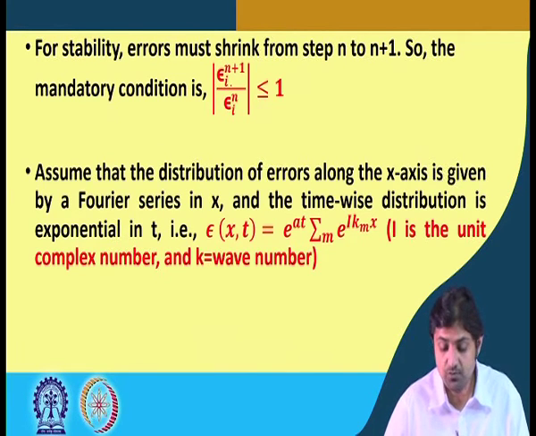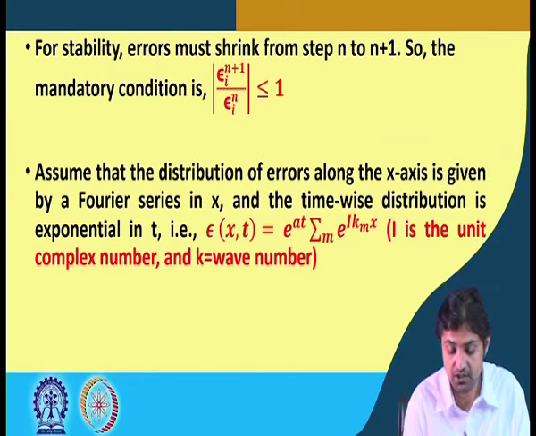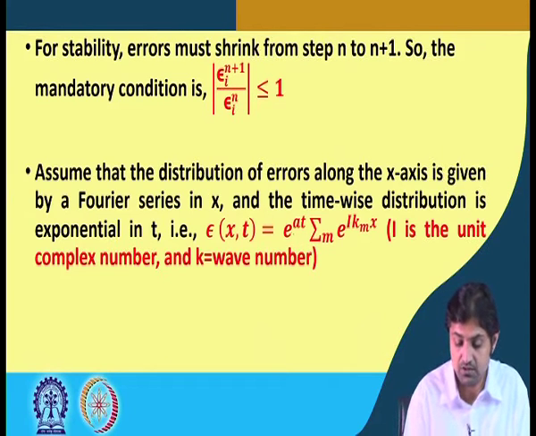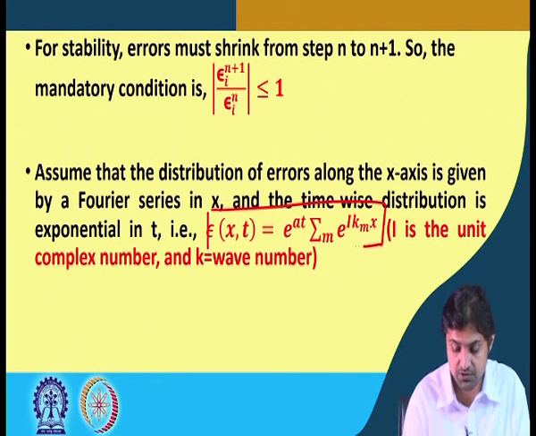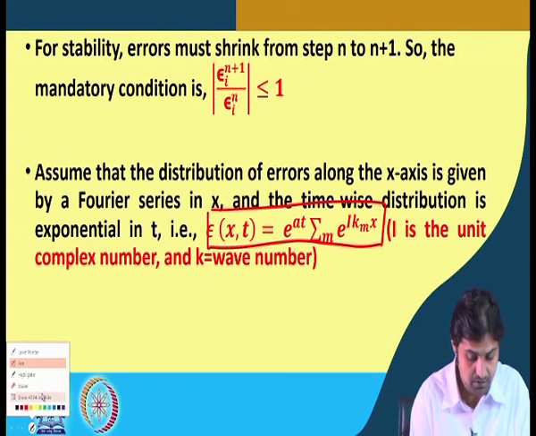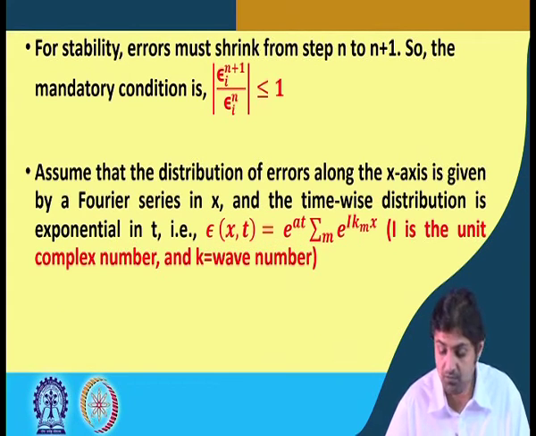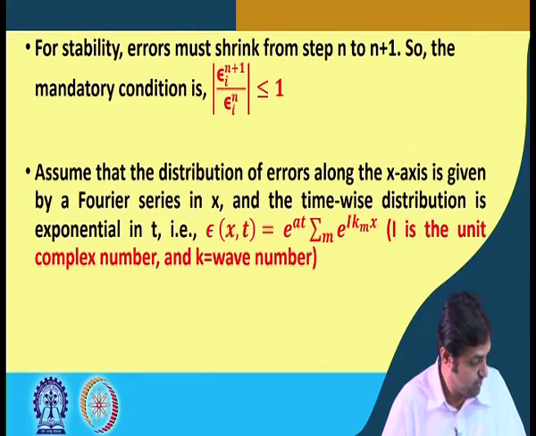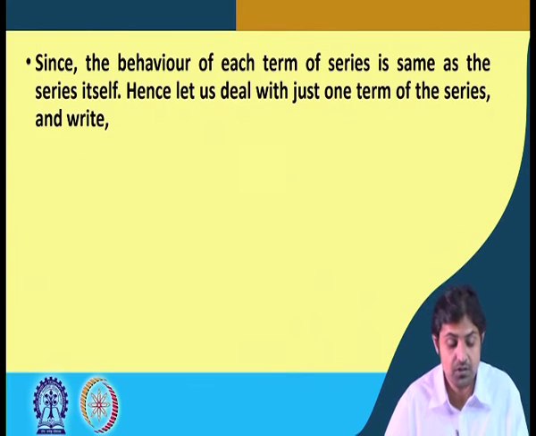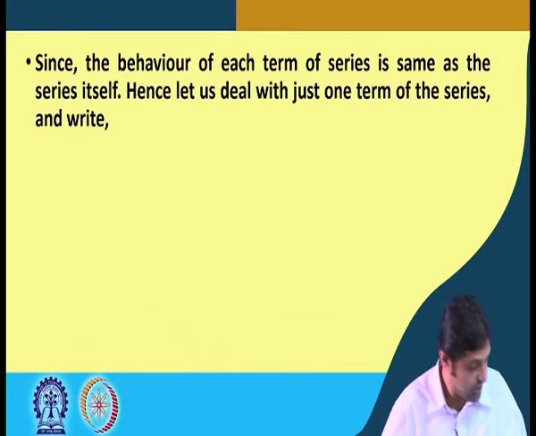If we assume that the distribution of errors along the x axis is given by a Fourier series in x and the time-wise distribution is exponential in t, then we can write epsilon(x, t) as e to the power a t times the series. Here I is the unit complex number, and k is the wave number. This is very complex. Since the behavior of each term of the series is the same as the series itself, let us deal with just one term of the series.